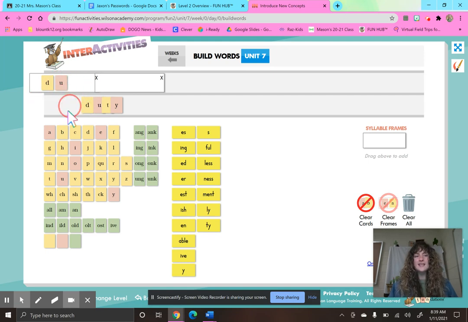What is the U saying in du? It's saying oo like flu. Remember that long U can say oo or you. Duty. What is the Y saying in the word duty? It is saying E.